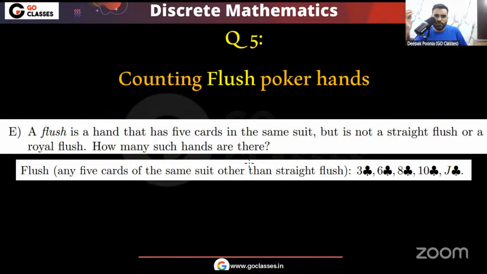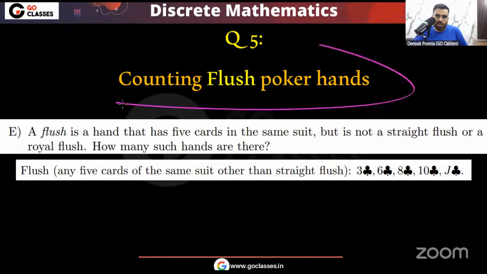Choose any five cards randomly in the same suit, but make sure it is not a straight flush and not a royal flush. This example is given to you. All the five cards are in the same suit. The suit is club here, and you can see this is not a straight flush and not a royal flush. So this is a flush. I hope it is clear. You can see 3, 6, 8, 10, jack, all in the same suit. So this is a flush.